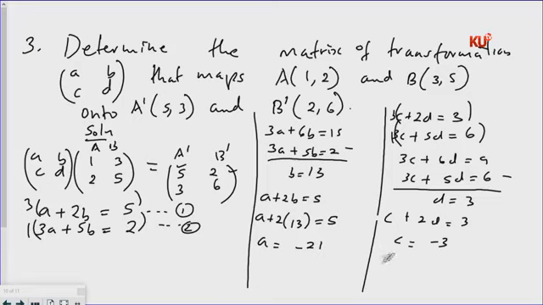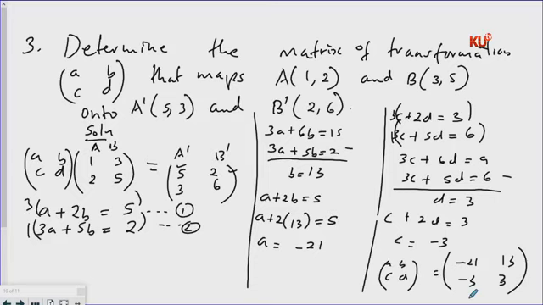And so the matrix A, B, C, D will now be given by A is negative 21, B is 13, C is negative 3, and then D is 3. Good. Yes, that is how we obtain the inverse.